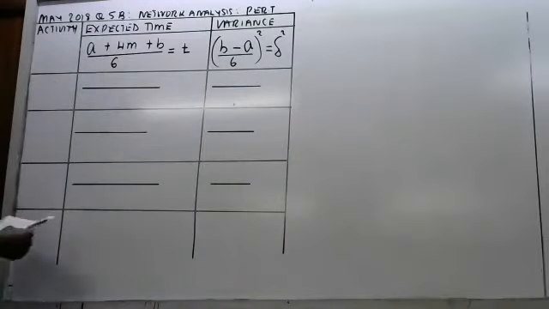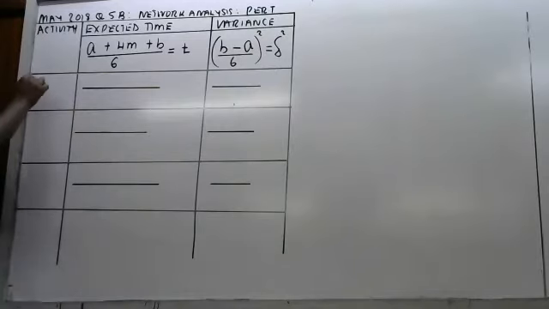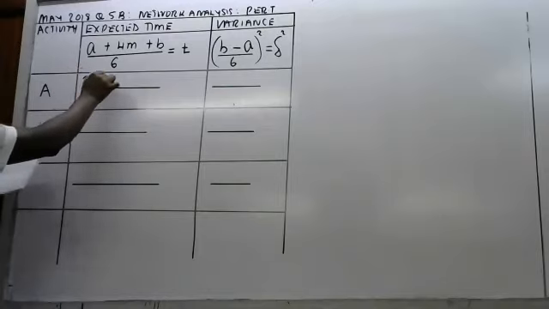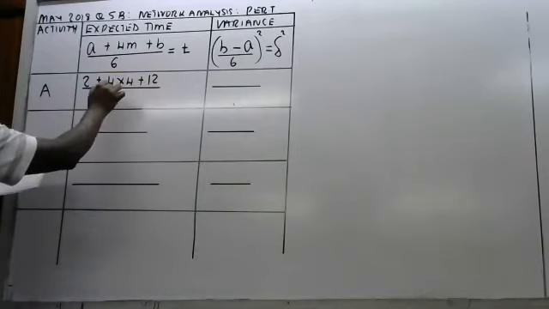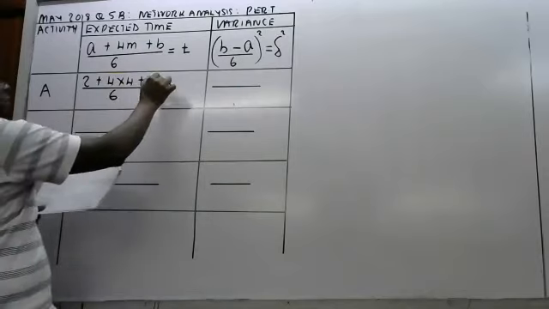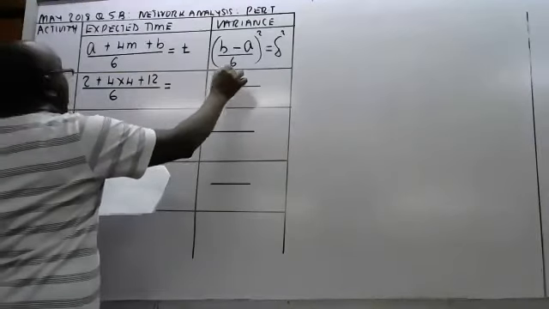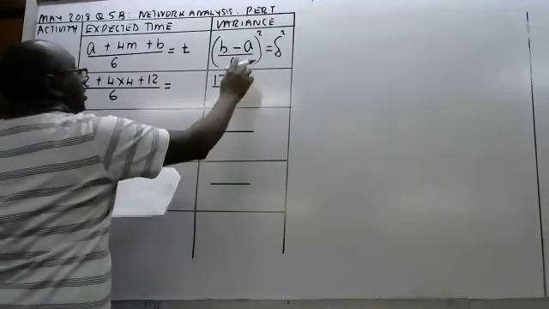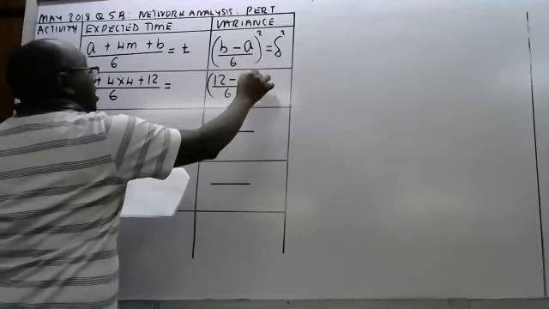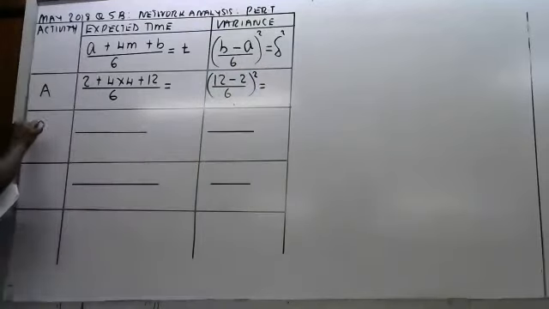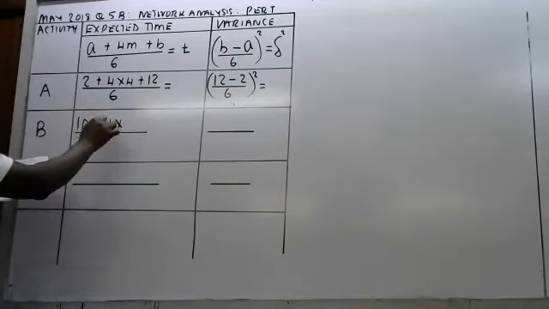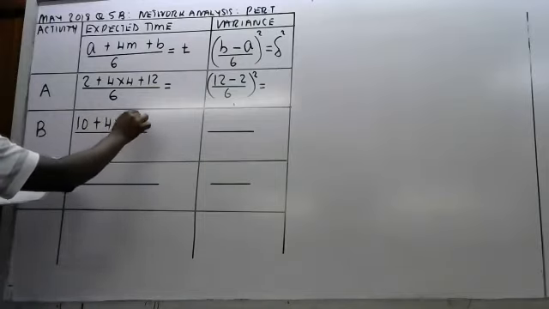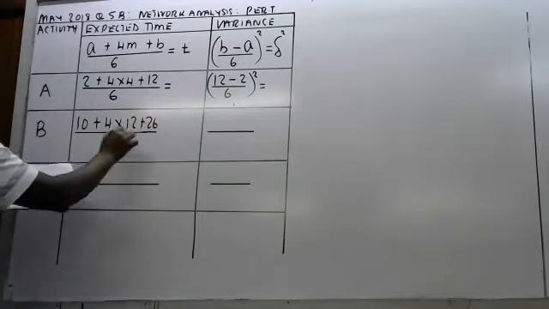So for activity A, it is 2 plus 4 times 4 plus 12, we divide by 6. Then the variance will be 12 minus 2, you divide by 6, you square this. You go to B, do the same thing: 10 plus 4 times 12 plus 26, you divide by 6.